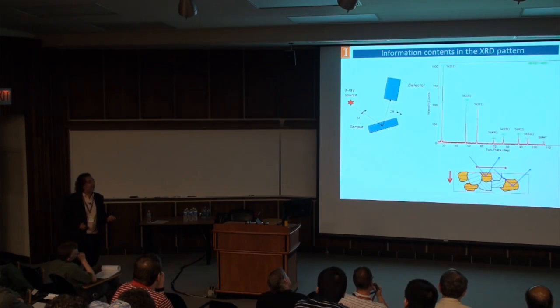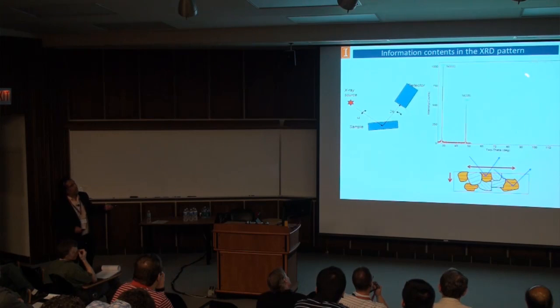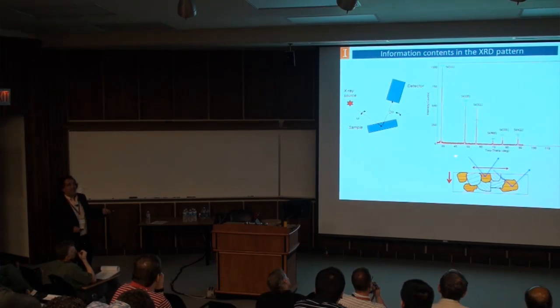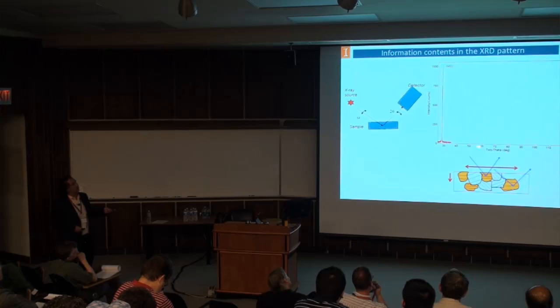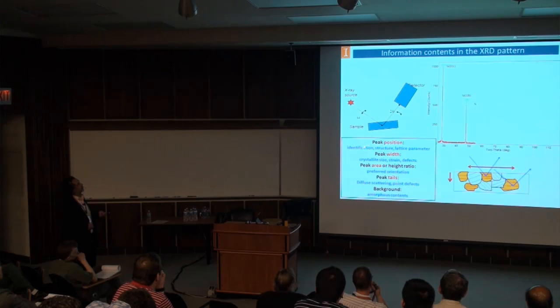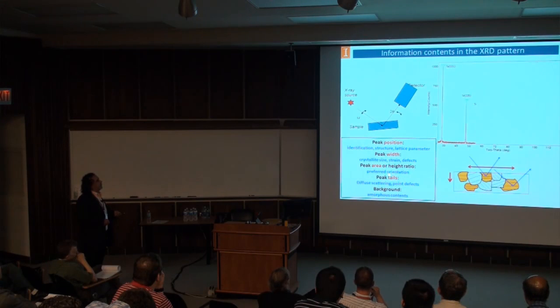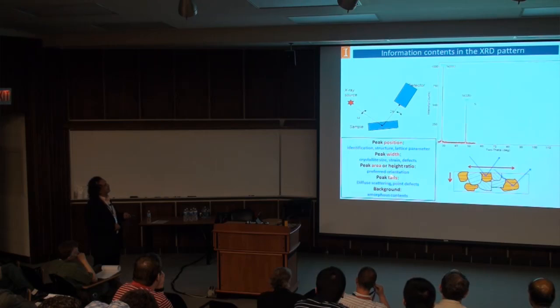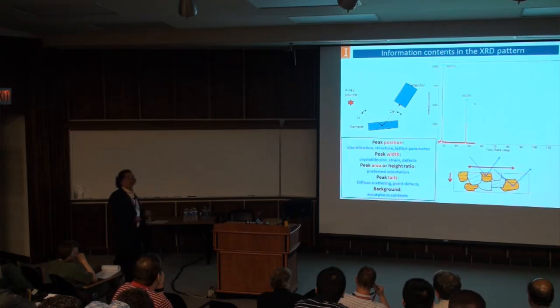Those are potential artifacts: the information that you get at high angles may be slightly different from the low angles, especially if we're going to compare intensity. So from the X-ray technique, we look at peak positions to identify the materials. Width gives information about size and strain, and the area of the peak gives the orientation. The diffuse scattering, which is like the noise near the peaks here, is used for point defects, and we even use the background.